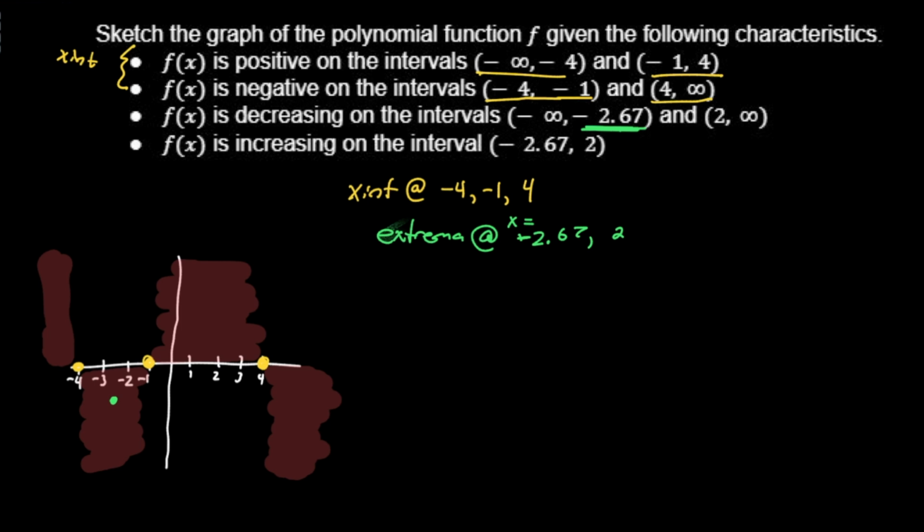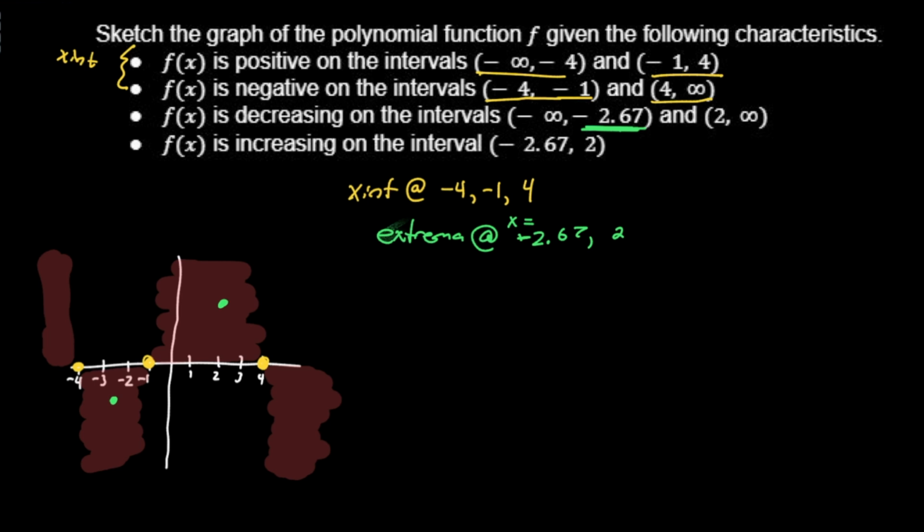And then we know it is increasing after this point, so I know it decreases until we get somewhere down here at negative 2.67. Then we are increasing until we get to the positive 2. So somewhere up here we will be, I don't know exactly where, but that is fine. This just has to be the highest point. And then we are decreasing from then onwards.